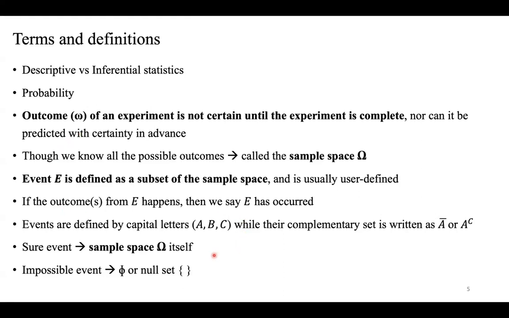But these are the two extremes. A sure event is definitely going to happen. Because you define the event as 1, 2, 3, 4, 5, 6, one of them is going to happen for sure. And for an impossible event, you say a number greater than 9, never going to happen. That null event or impossible event can be defined with the symbol phi. Or it's also this curly bracket.